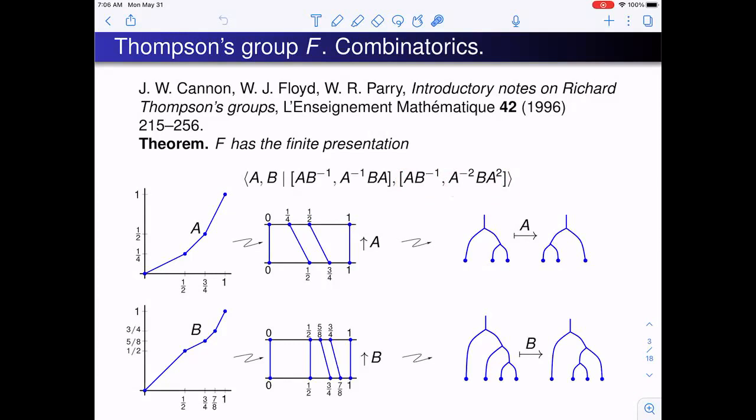Now let me explain this combinatorial description of elements of such a group. First of all, for such a function, I can think about it as a map. There is an interval from 0 to 1, and another from 0 to 1, and I can draw the diagram like that.